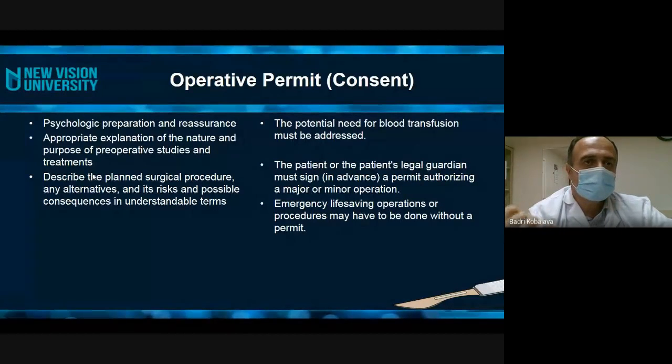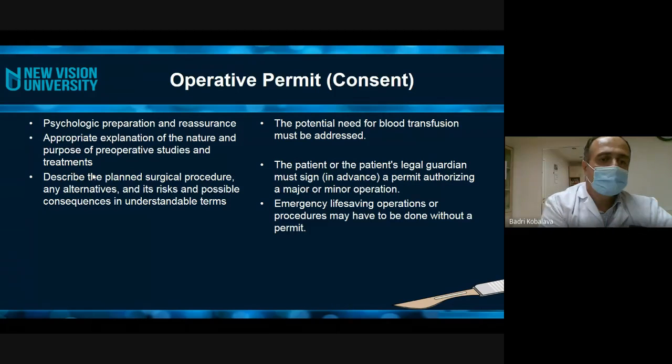You can make an open appendectomy or a laparoscopic appendectomy. You must describe both, and the patient must choose which method the patient likes. Or if you think that this method is appropriate, not the other, then you must explain why.